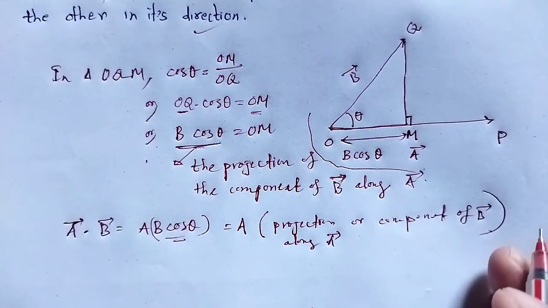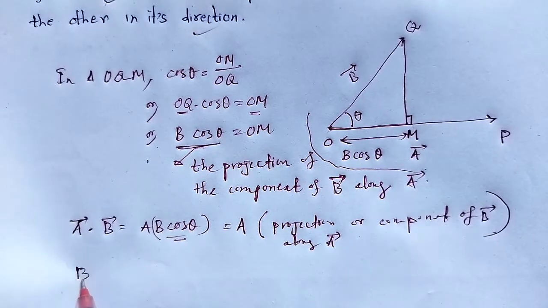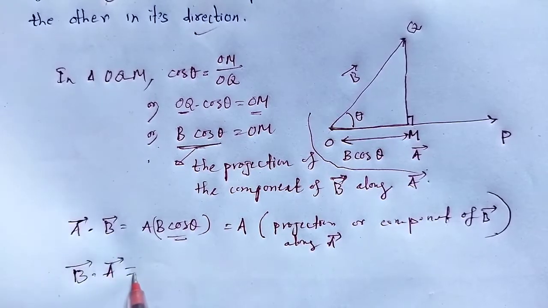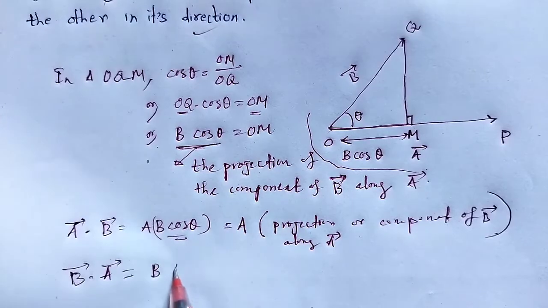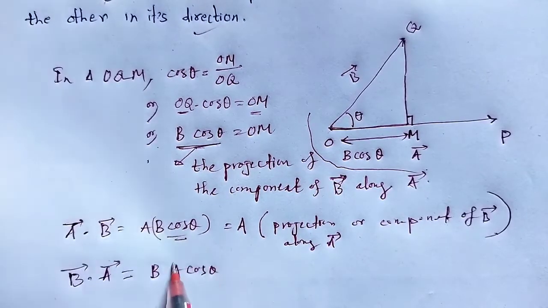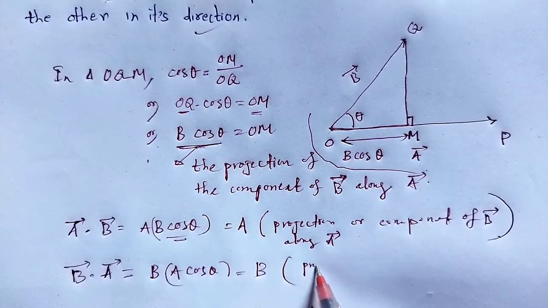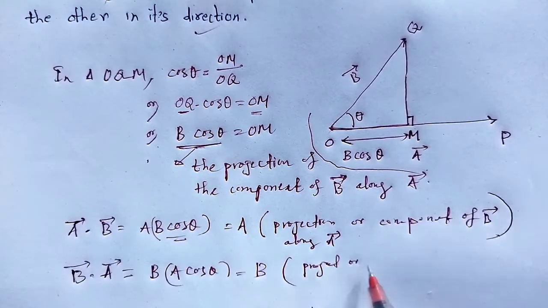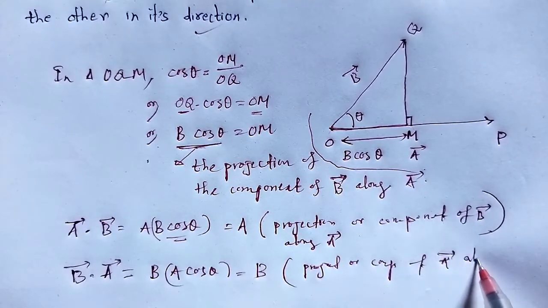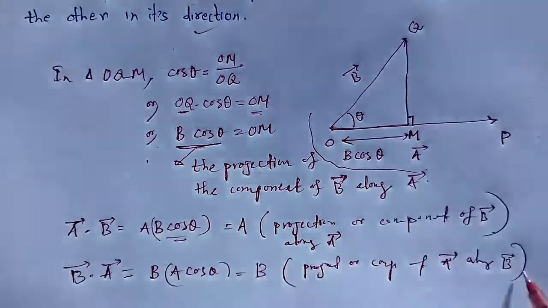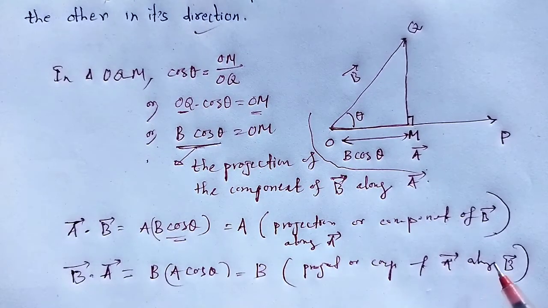Again, B dot A, similarly, what is the geometrical interpretation of B dot A? BA cos theta. We can say B into the projection or component of A vector along B vector.